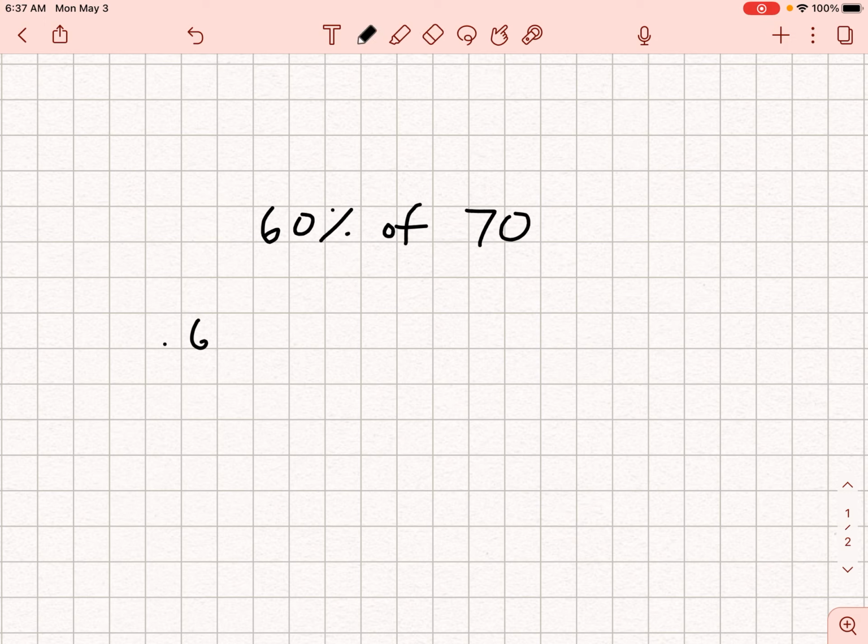And we can now multiply. So we know that "of" means multiply. So we can multiply 6/10 times 70.